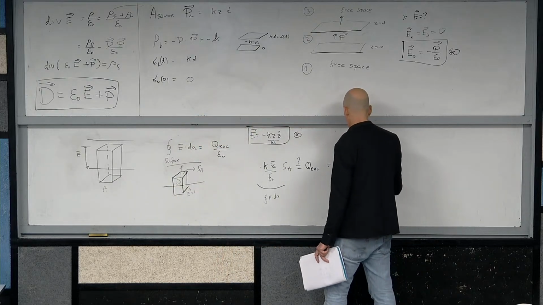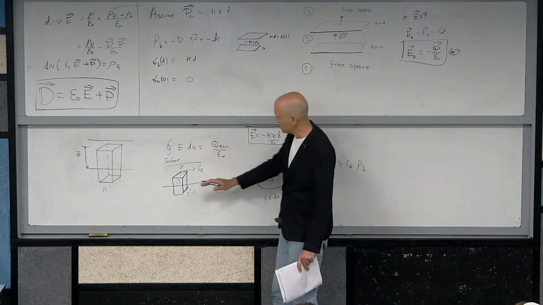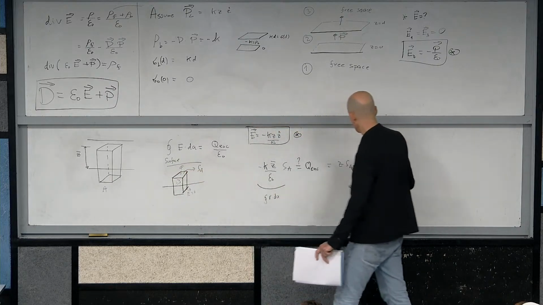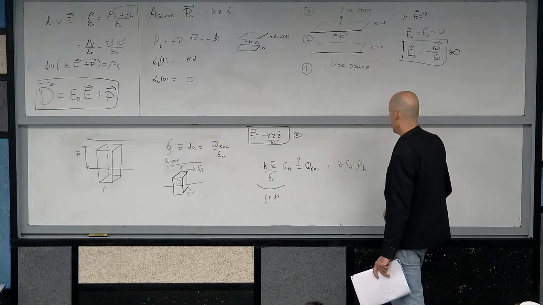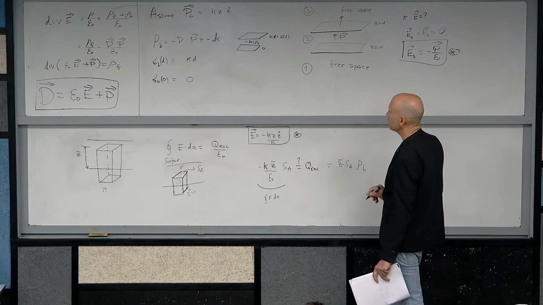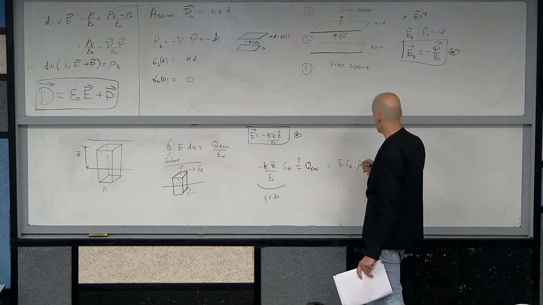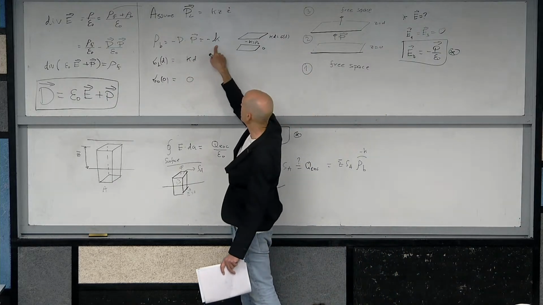So I need z times SA. That is the volume of the box inside the material, and that gives the total charge. But you see immediately what this guy is. This is minus K, because this is div P, this is minus K.